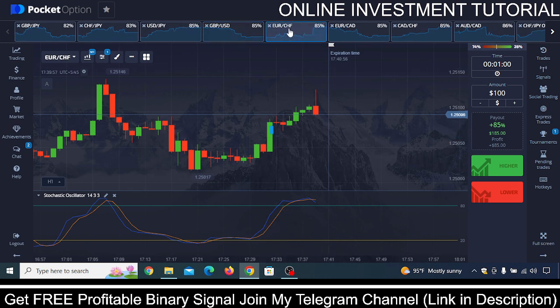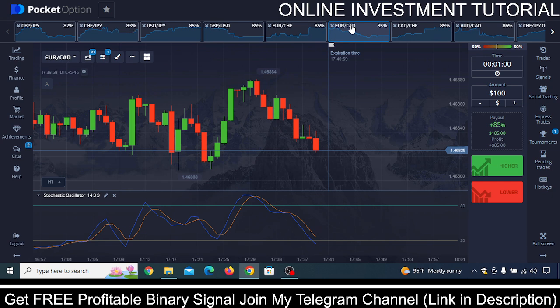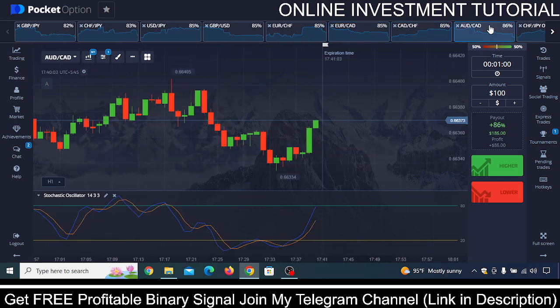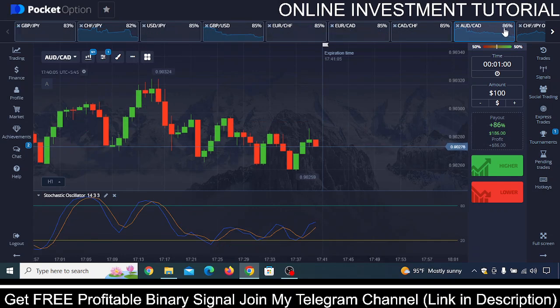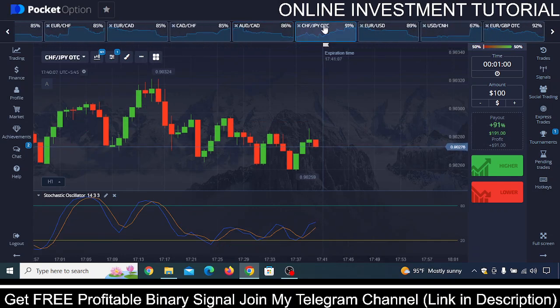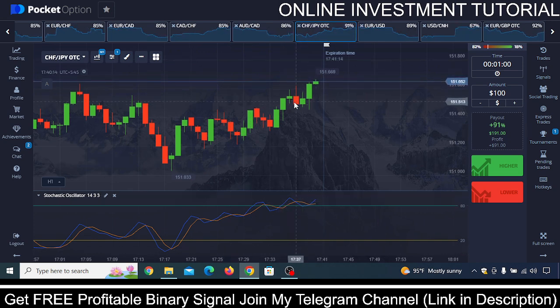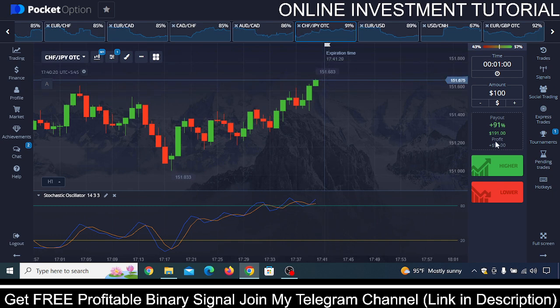Let's see in another. Here you can see a good format has started to form, and after one red candle there is another green candle. So we need to wait for another red candle to appear here, and we can easily make a trade by clicking on higher.